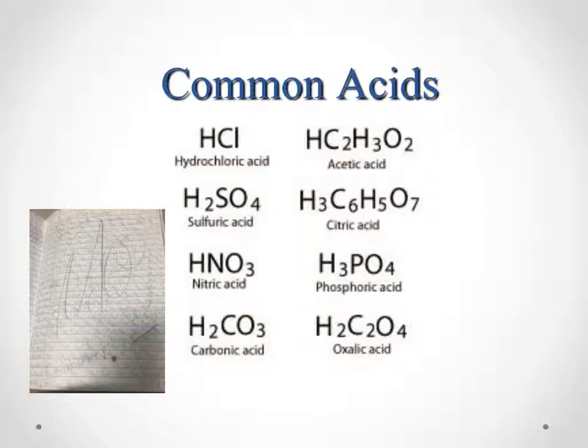Okay, so I'm going to assume Matthew said something. They all have at least one hydrogen. So I want you to hang on to that. As you look at these, you can see that all of them have at least one hydrogen. A few of them have two, and phosphoric and citric actually have three, but they have at least one hydrogen as part of the compound.